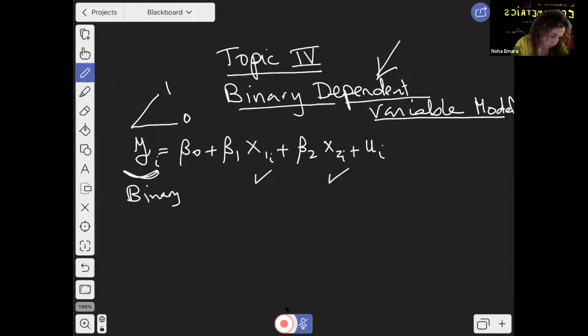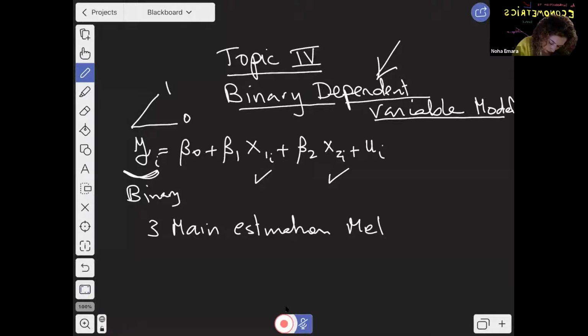So what we care about in this topic is the dependent variable. When I have the dependent variable just taking values of 1s and 0s, then I cannot just estimate it using the regular estimation methodology. So we have 3 main estimation methodologies.